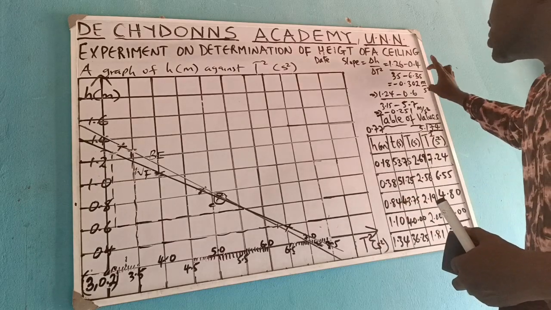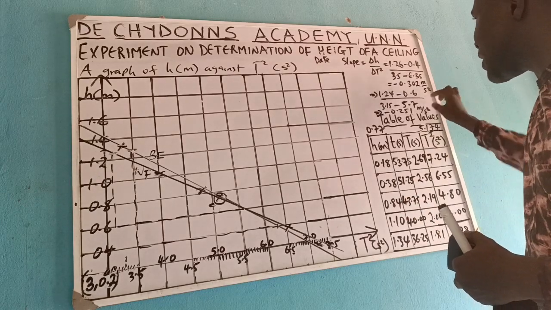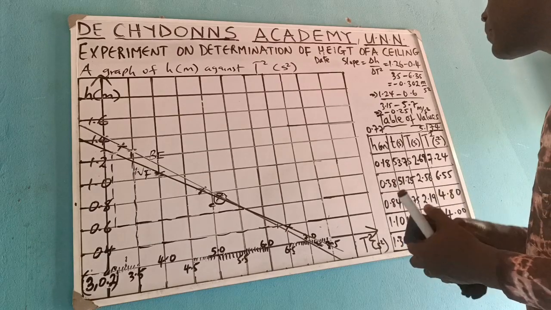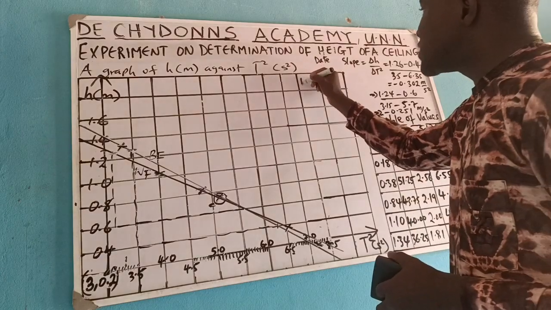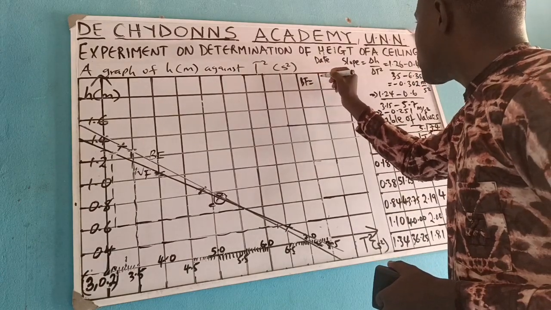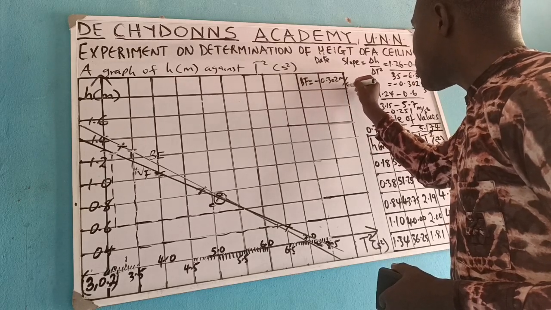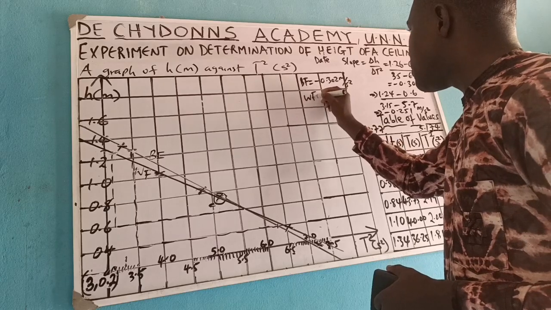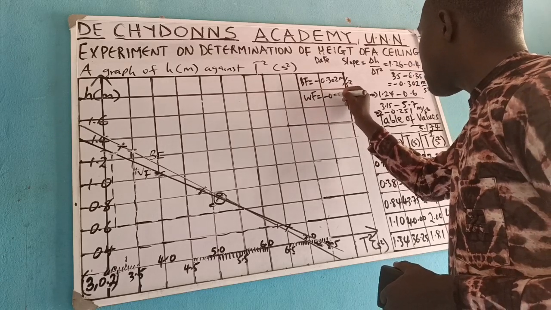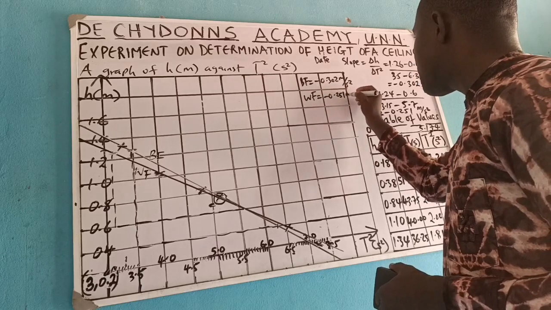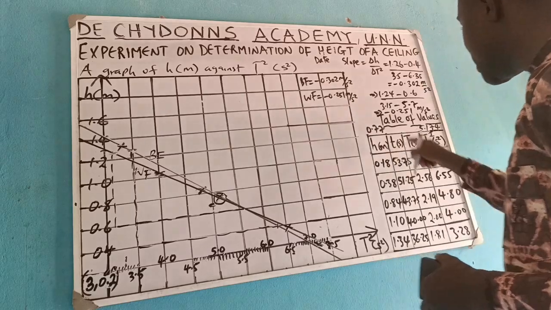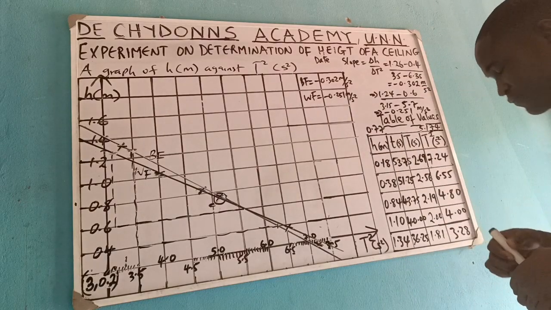So this is meter per second square. That is by the way. So we say best fit slope is equals to minus 0.302 meter per second square. Worst fit slope is equals to minus 0.251 meter per second square, based on the results we have.